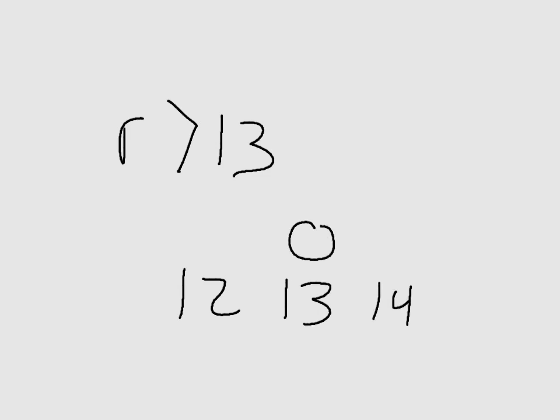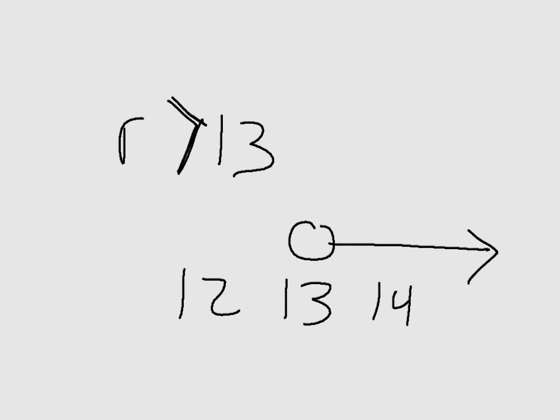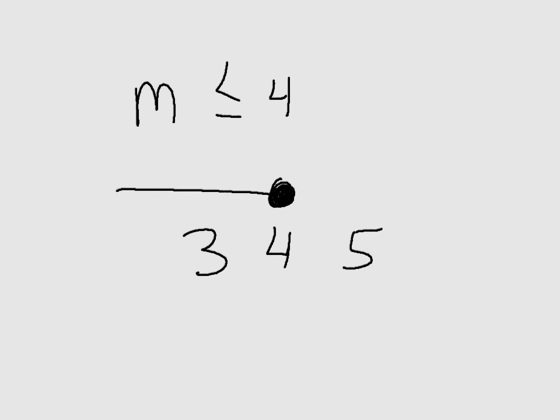Open, and notice that my arrow here is pointing right. So that means I want to point to the right also. I want to include every number that's bigger than 13. And the last one, M is less than or equal to 4. Is that correct? Yep. So I put 3, 4, and 5. Open or closed circle? Closed, because it's including 4. And my arrow's pointing to the left because I see it right there. Okay?